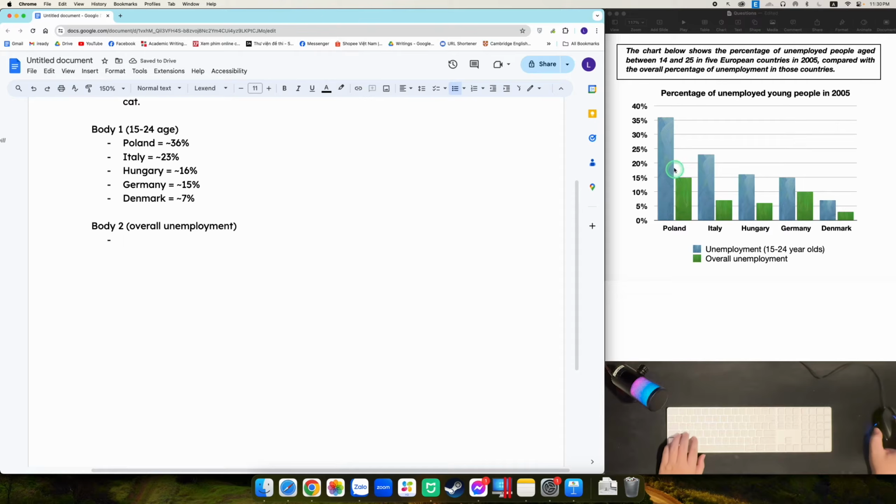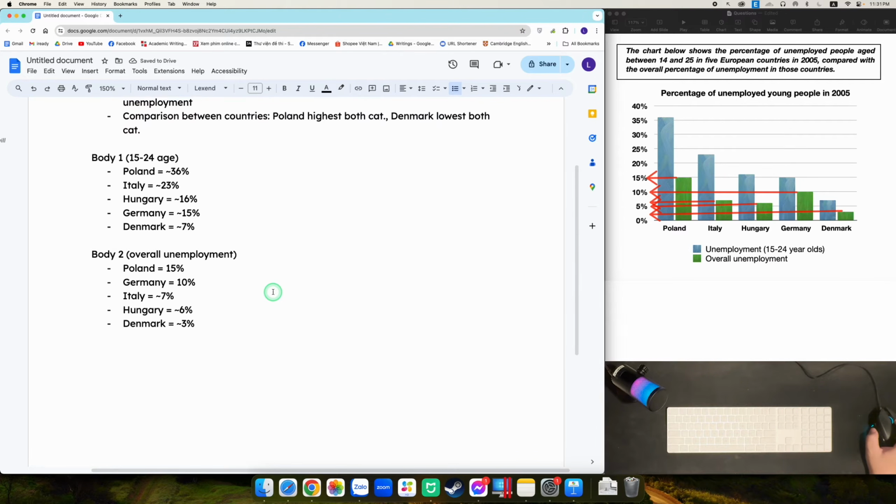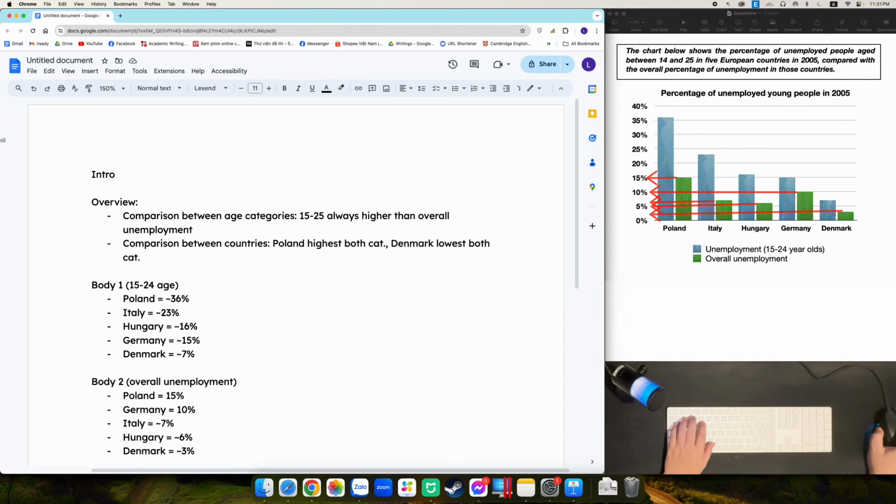For body 2, I'm gonna do the same thing. Okay, so that's my draft. Let's go ahead and write the actual report.